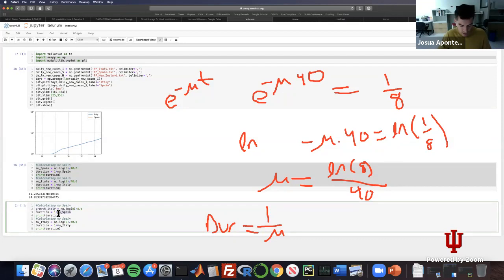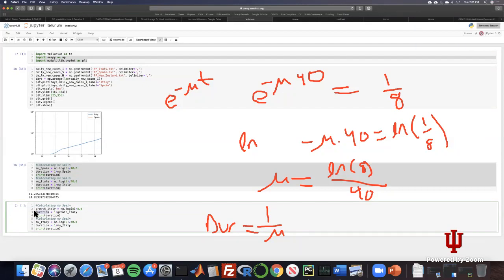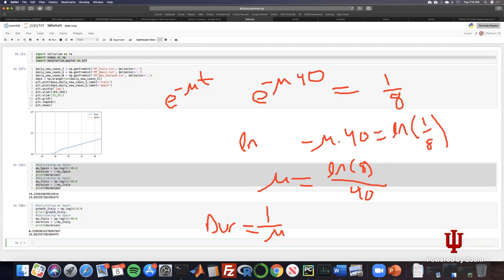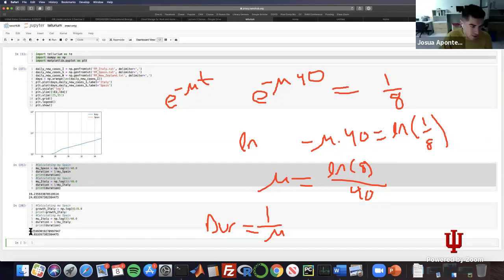Now let's just get the growth. So it's this value here.